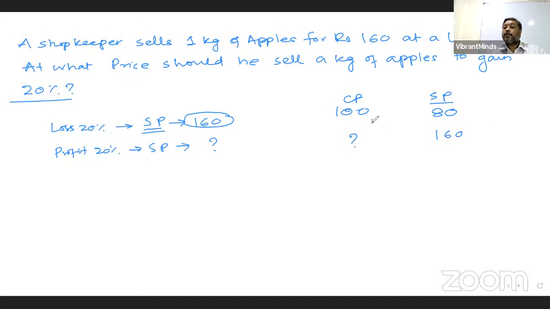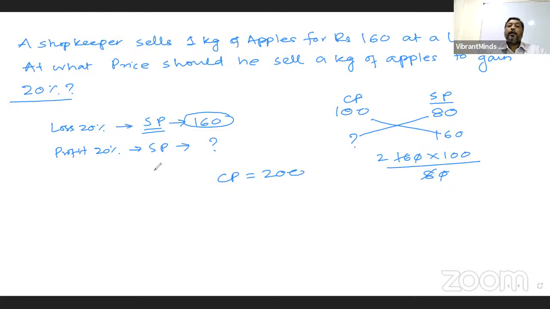So what will be the cost price? Cross multiply: 160 into 100 divided by 80. And that is 200, the cost price. Cost price is 200. Clear?